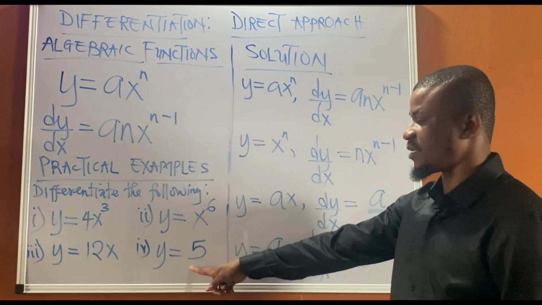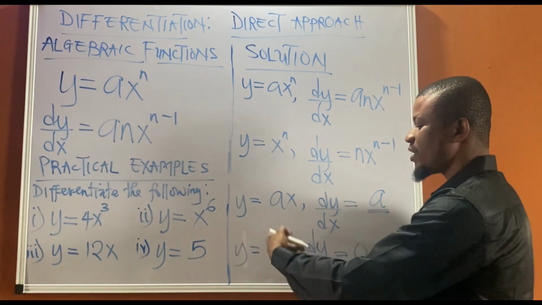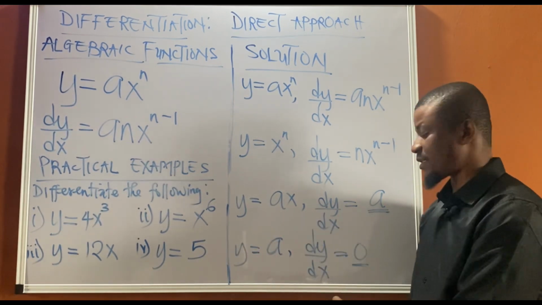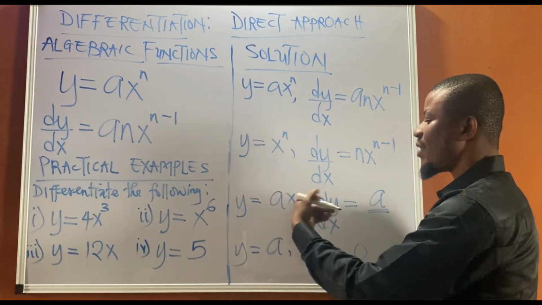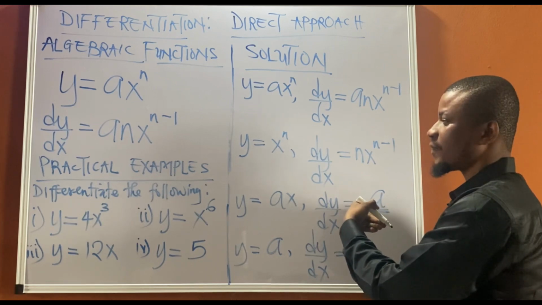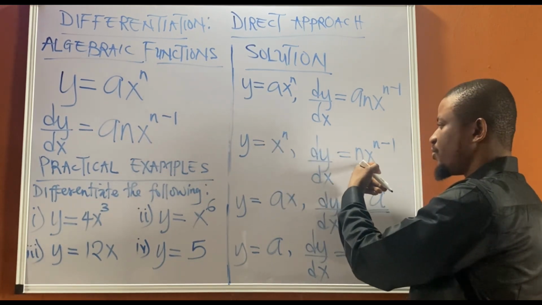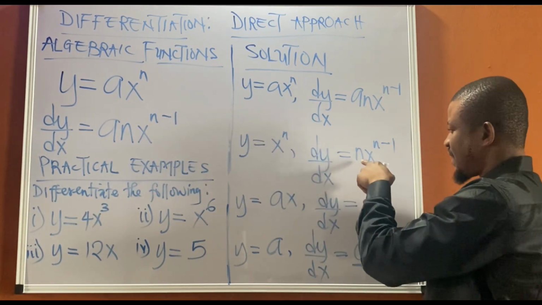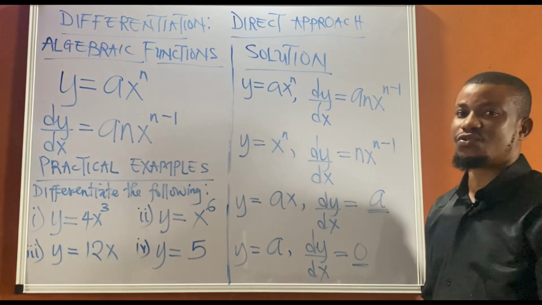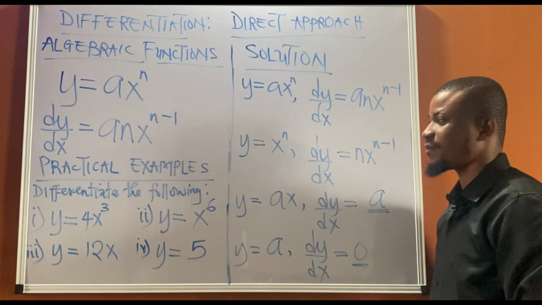As we saw in this case, when we differentiated 5, we got 0. So when you have a function y equal to any constant, dy dx is 0. When you have a function y equal to ax, dy dx is just the a. If you have a function y equal to x raised to the power n, you don't have your a anymore. You simply evaluate it as n xn minus 1 and so on. That's the simple way of differentiating algebraic functions.